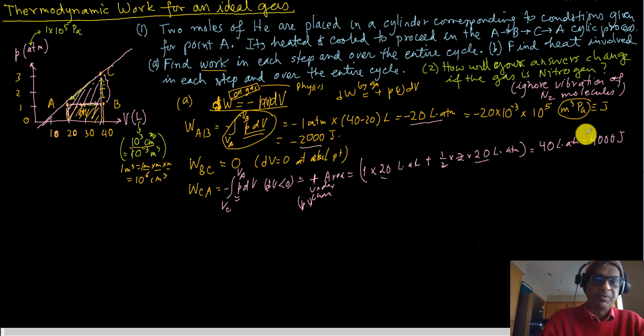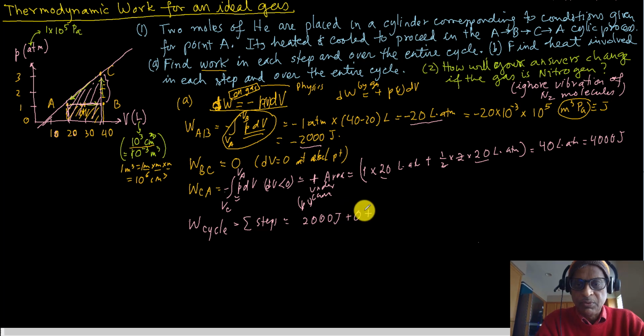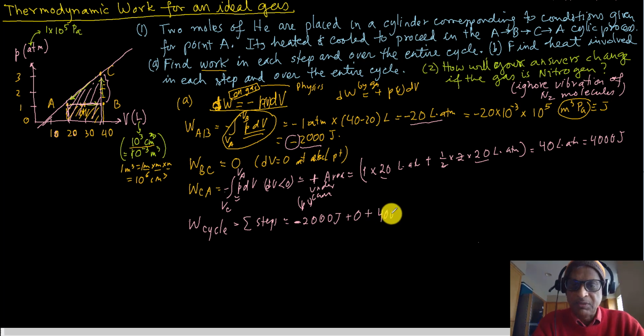So what's the work in the entire cycle? The work in our cycle is just the sum of the steps: minus 2000 joules, very important, the negative sign because of expanding, plus 0, plus 4000 joules. Together that becomes plus 2000 joules.